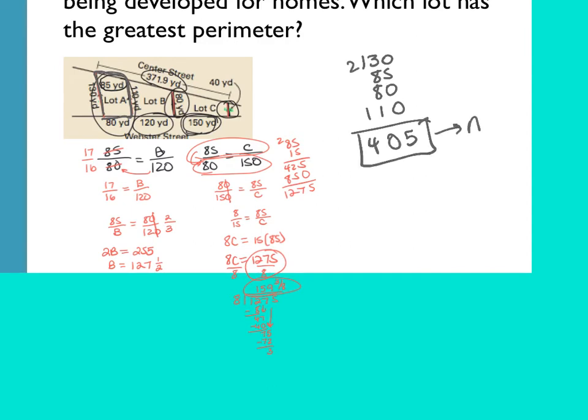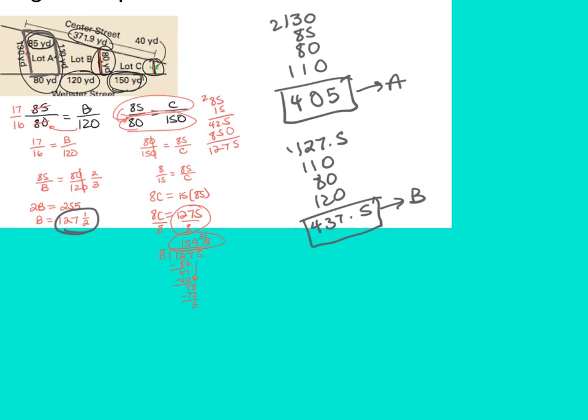That's A. B was 127.5, 110, 80, and 120. 437, that's B. And then C was 157 and 3/8 plus 150 plus 40 plus 80, or 29 and 3/8. So which one's the biggest?